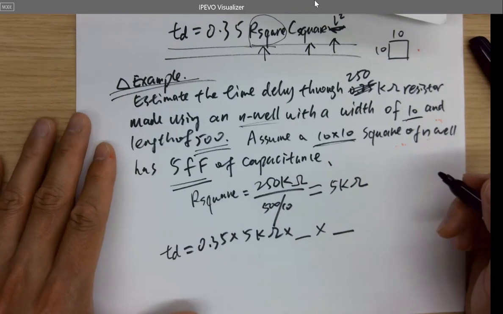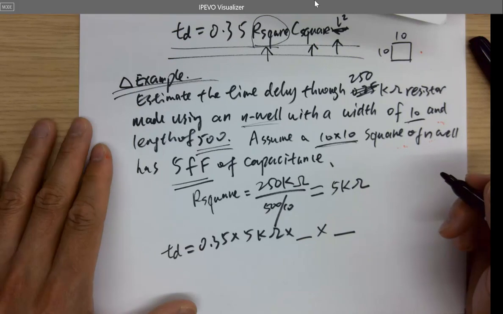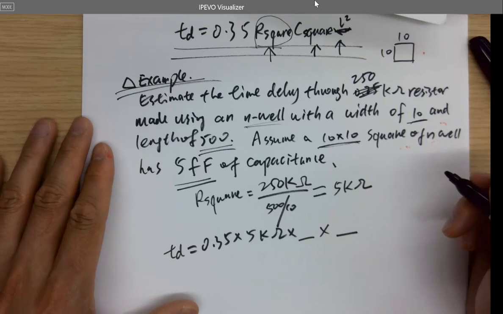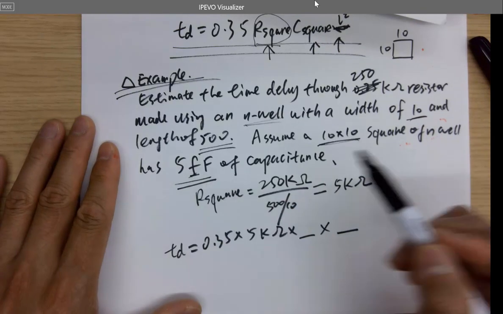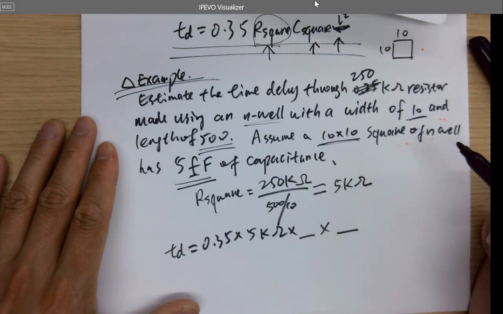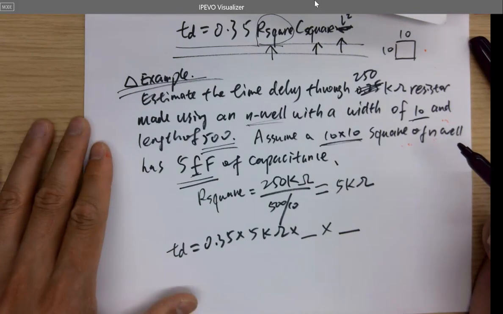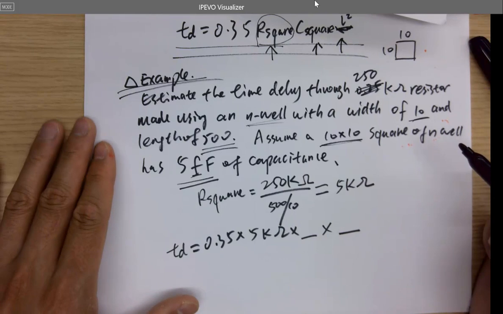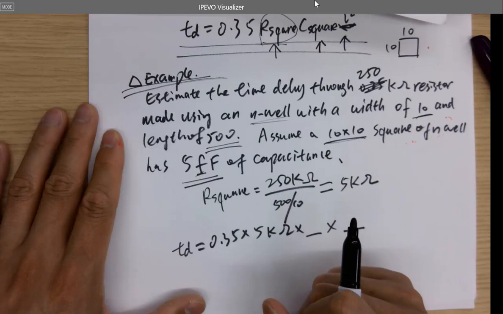Five what? It's a moment to test your English. What is this? Femto. Femto, right? Femto. First time my English is better than yours.